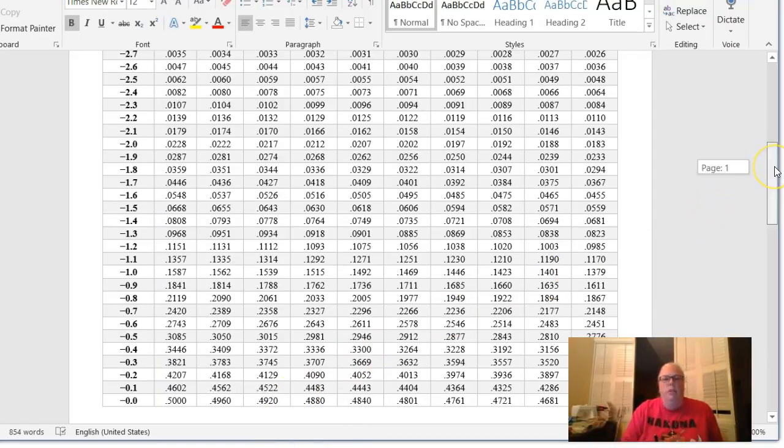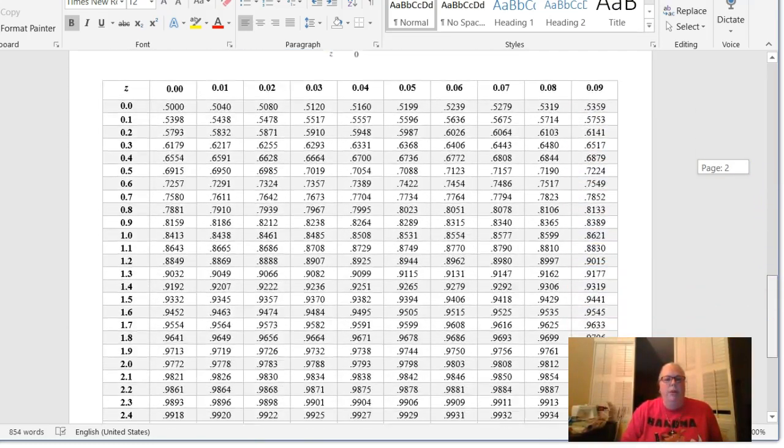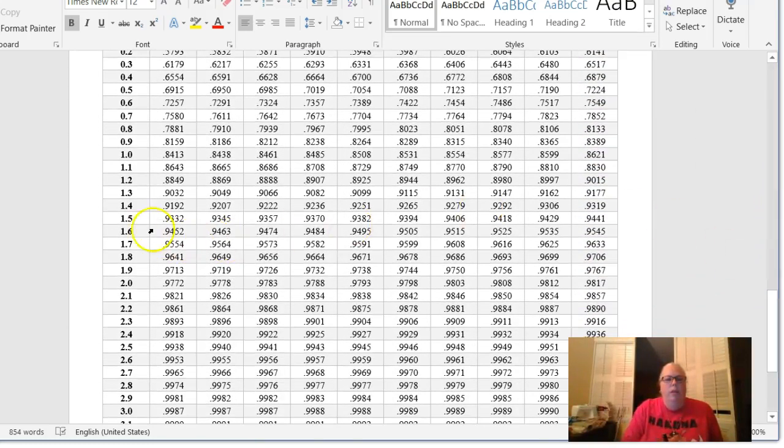We're going to come down here to the positive numbers, and we want 1.30. There's 1.30, 0.9032.